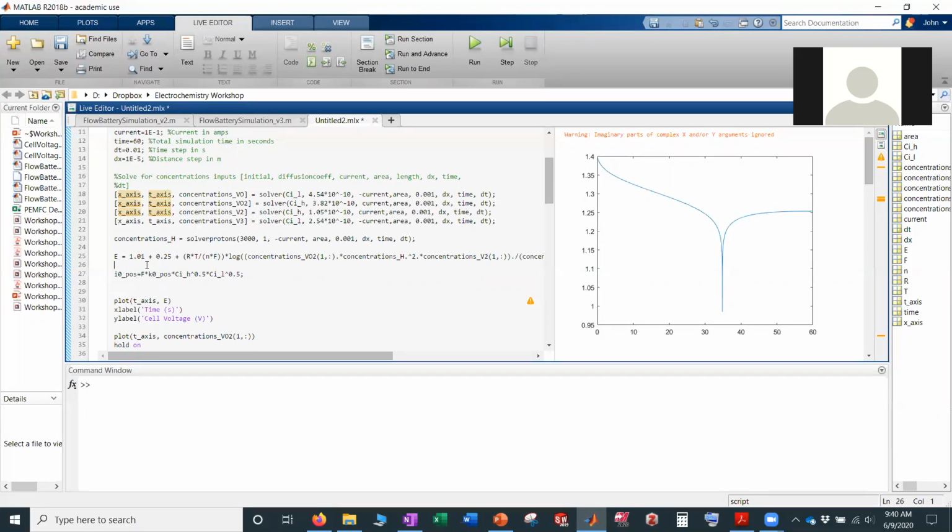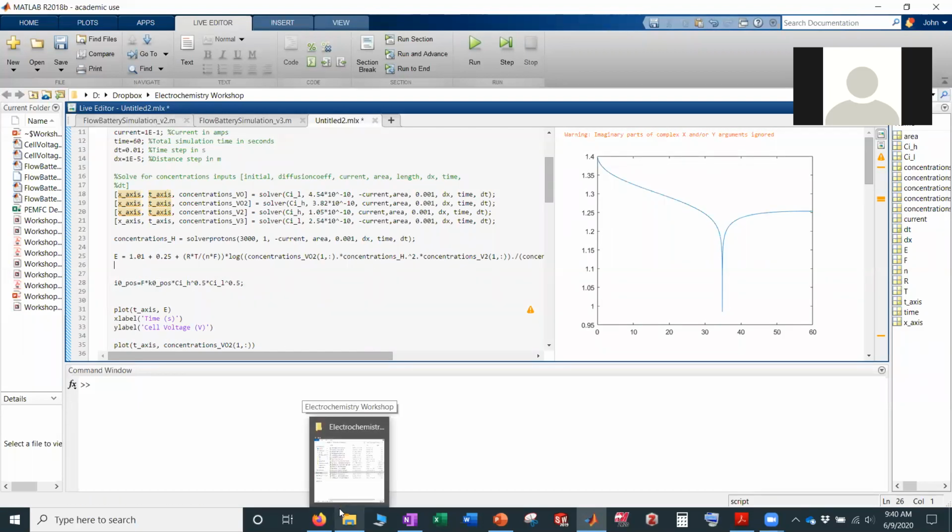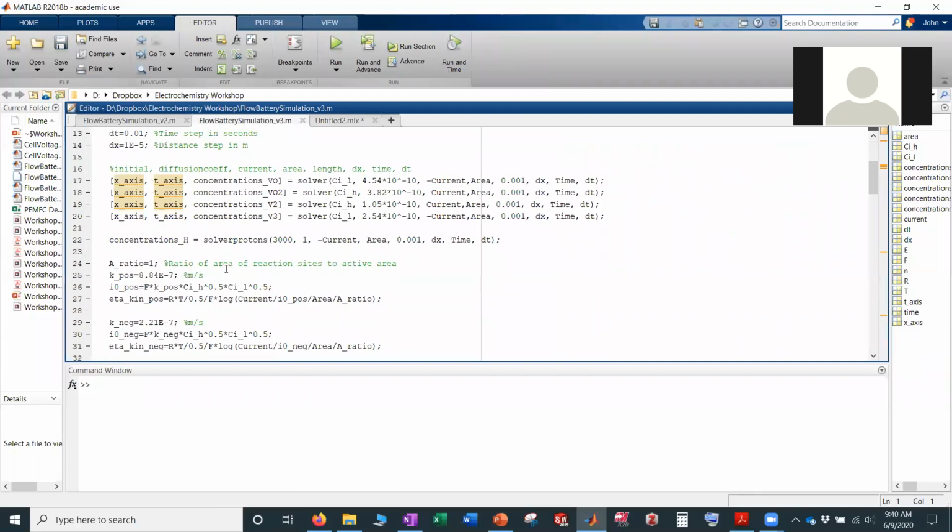This is going to give us an answer in, so this is per meter cubed. Let's put in the k naught first. I found some k naughts.